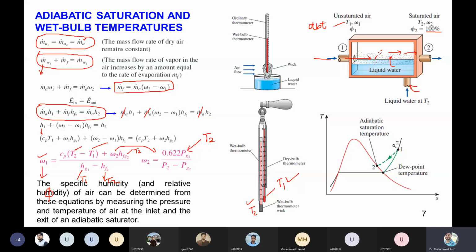The sensor just measures T1, the dry bulb temperature, and T2, the wet bulb temperature. Then the programming inside converts T1 and T2 to omega 1 and phi 1, right? So by just measuring the temperature of the unsaturated air and the temperature of the saturated air, you can measure the specific humidity and the relative humidity.